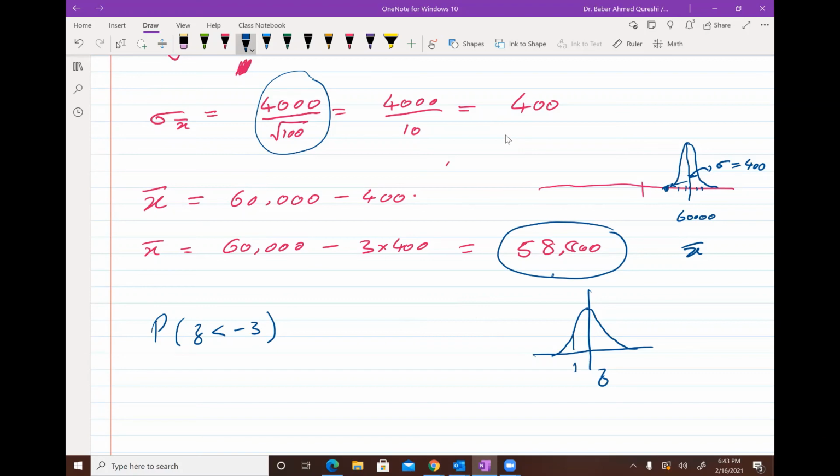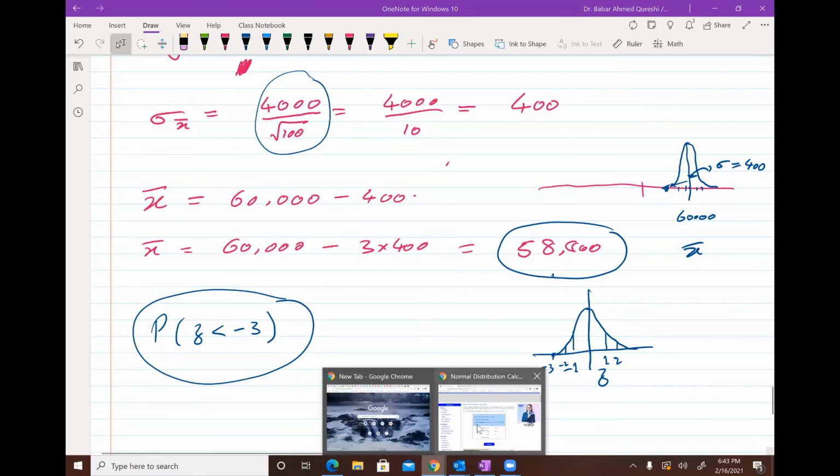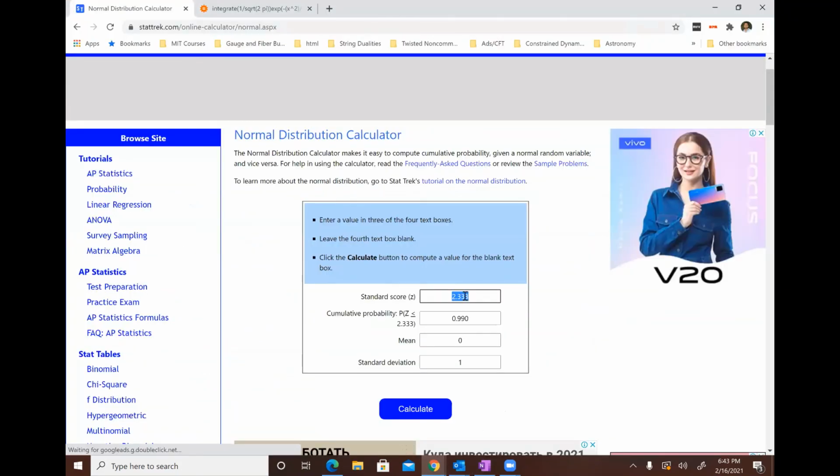At 1 and minus 1, you have 1 sigma, here you have 2 sigmas, and 3 sigmas is here. So this number, when you compute, is extremely small. You can do it over here. It's 0.001 is the probability that you are below the 3 sigma.